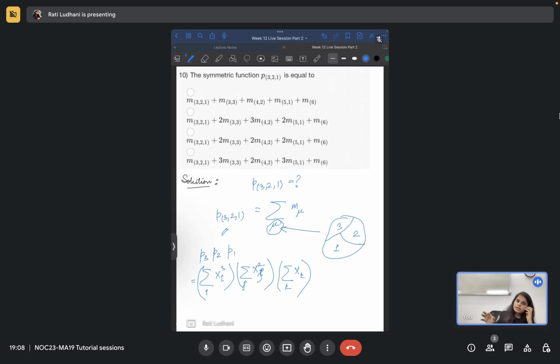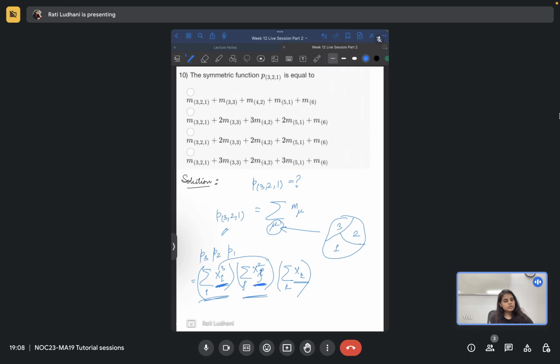So we are doing this product. What can happen? For example, you can have x1 cube here, again x1 square, again x1. So you are doing the product over the full sum, right? You might get x1 cube into x1 square into x1, so you will get x1 raised to power 6. Similarly, you will get 6 powers for x2. What else can happen?